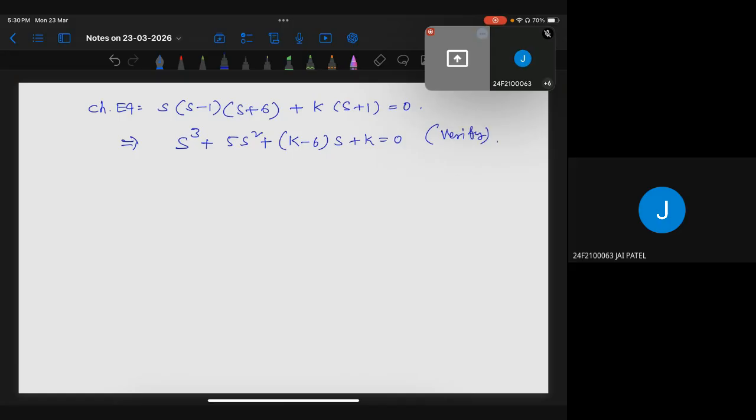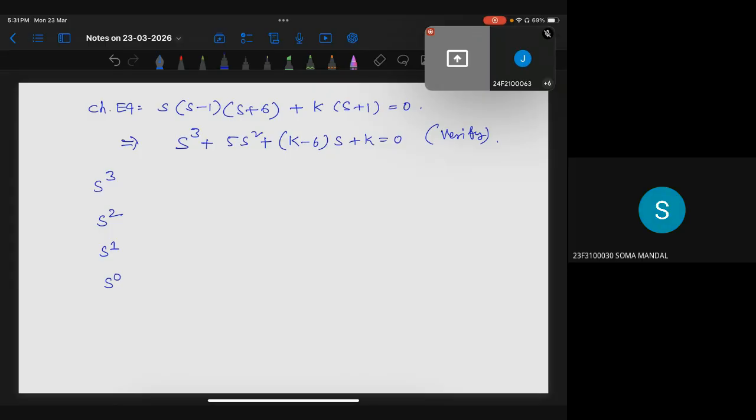This is our equation, correct? Now I want to apply the RH criteria to find the range for K. What is the RH criteria? First step, write down these s powers: s cube is highest, s square, s power 1, s power 0. Is this clear?